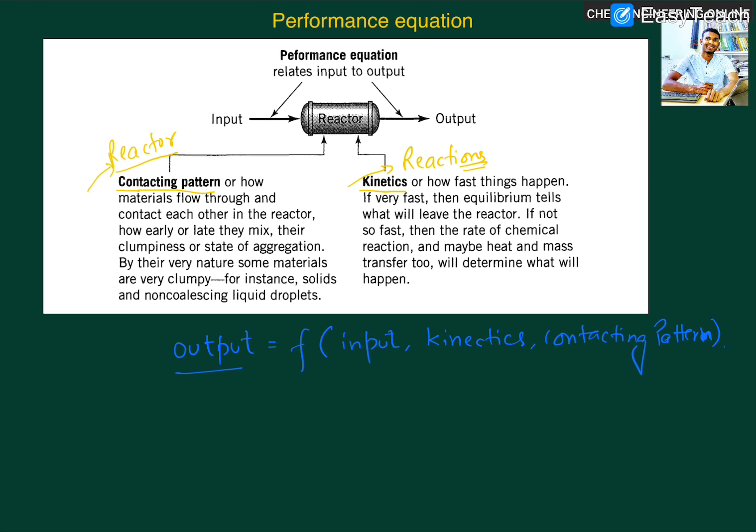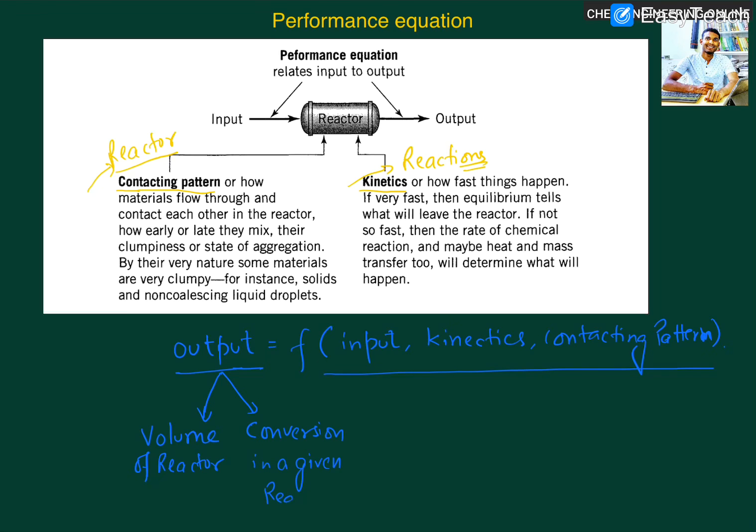So mathematically we can represent our performance equation as, this is for any given reactor, this is the performance, and here output means there are two. So in any design of reactor, two outputs can be there. One is volume of the reactor that we have to design, or conversion in a given reactor.